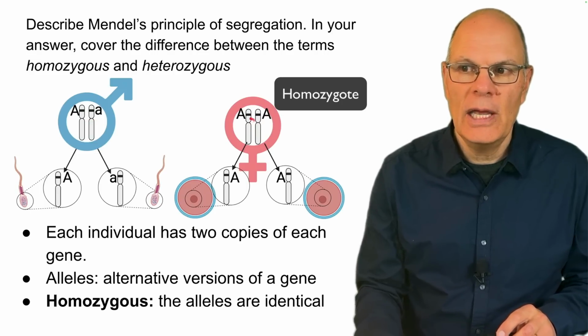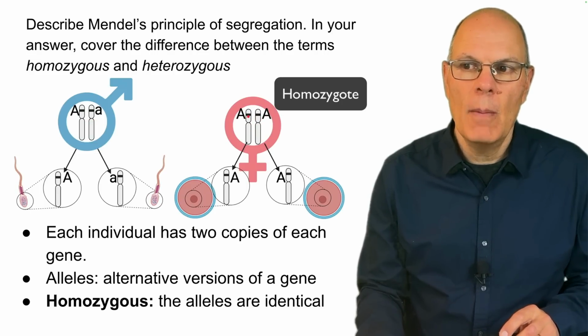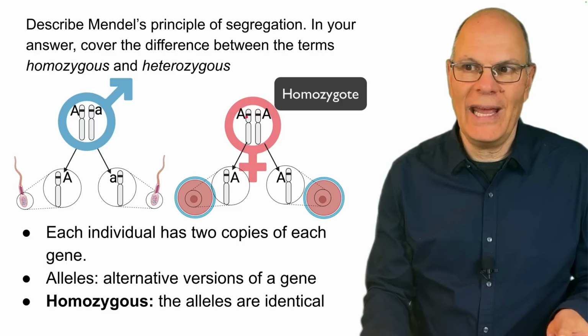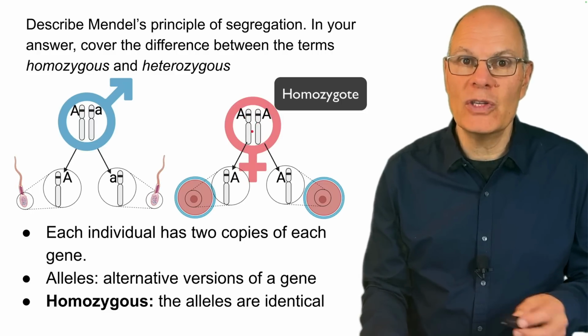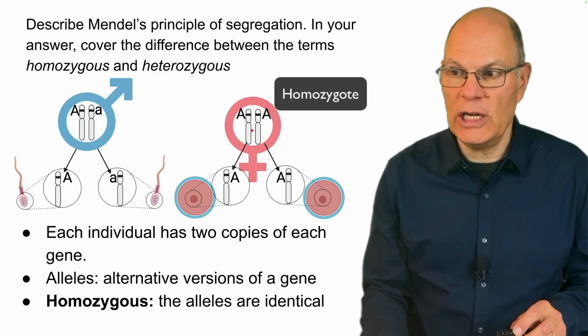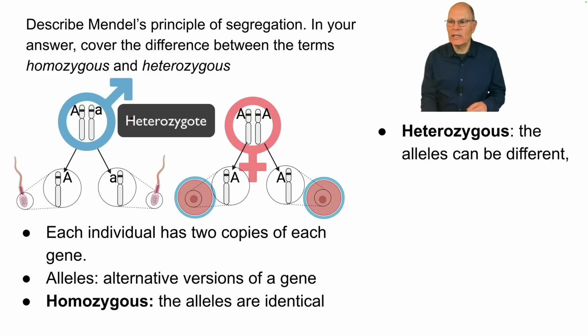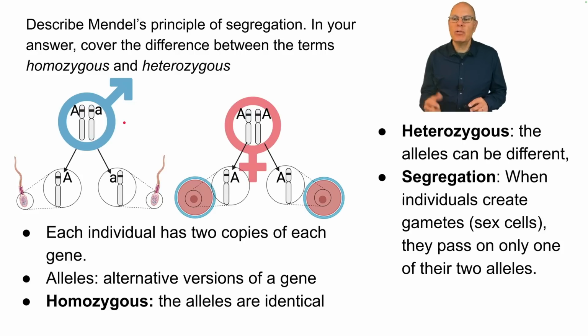For example, in this parent over here, both of the alleles are designated with a capital letter A. They're the same. This person is a homozygote for this particular gene. In a heterozygote, the alleles can be different. In this individual over here, one of the alleles is capital A, and one of the alleles is small a. The principle of segregation shows what's happening here.